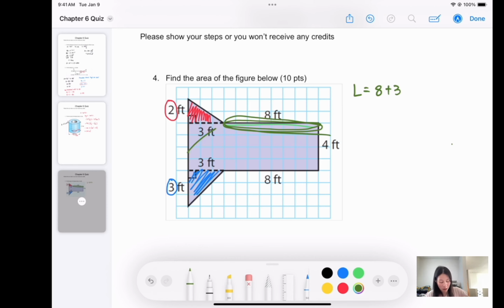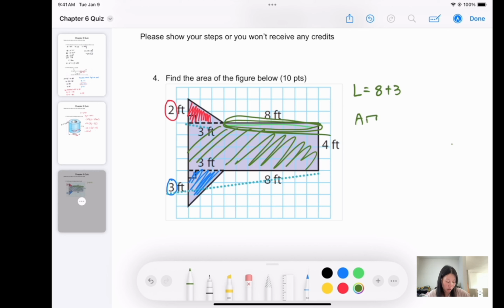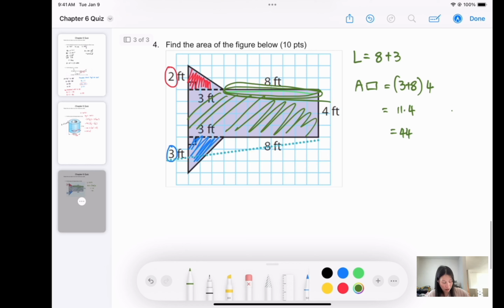So we need to add the area of this part, which is the area of a rectangle equal to the total length times the width, which is 11 times 4 equals 44. The small triangle equals half of the base times height, which is 6.